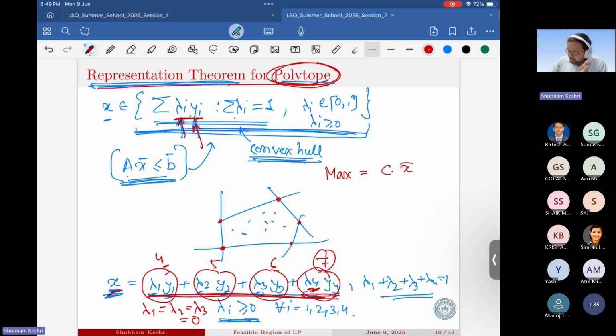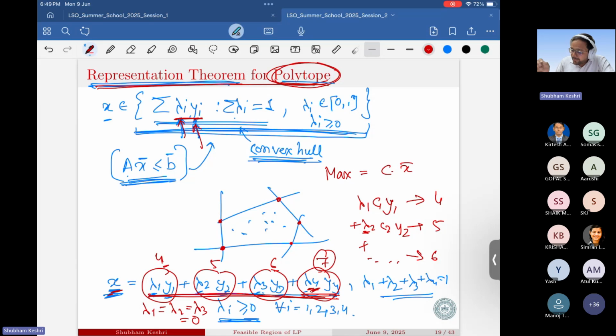So you will have lambda 1 C1 Y1 plus lambda 2 C2 Y2 and so on. This will take 4, this will take 5, that will take 6 and so on. Now it is correct. You will set one of those lambdas to be 1 and the others to be 0. Now you have obtained the highest objective function value.